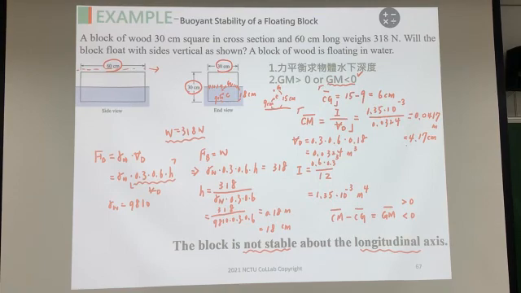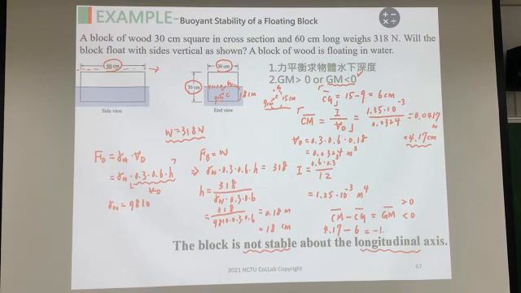Following our answers, first the CM value is 4.17, right? And minus the CG, which is 6 here. So actually the GM distance is less than 0.